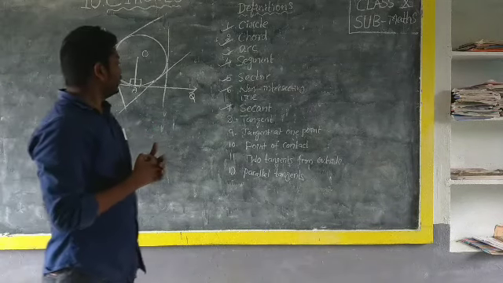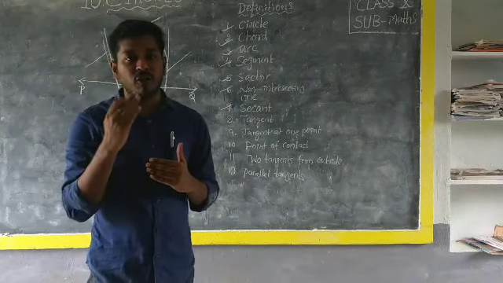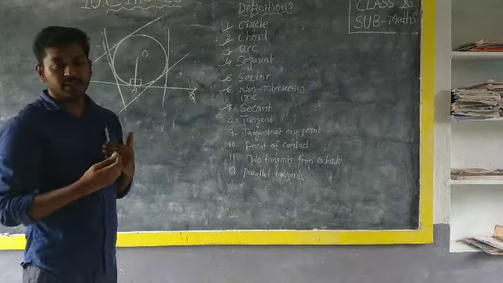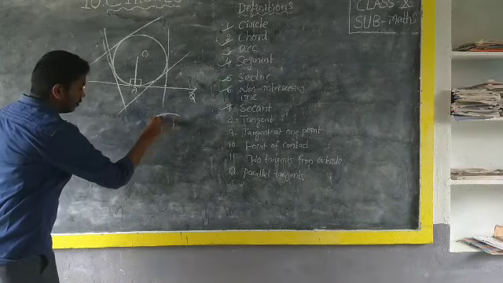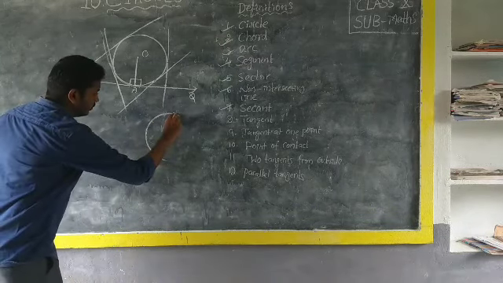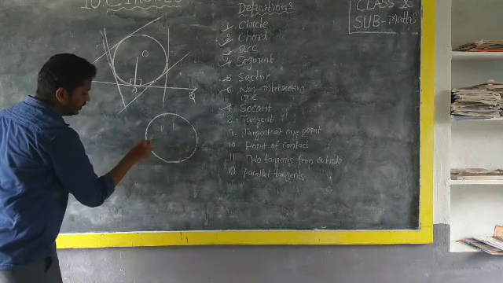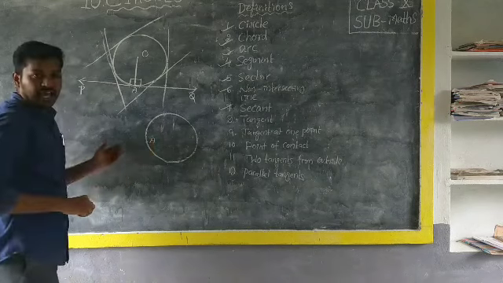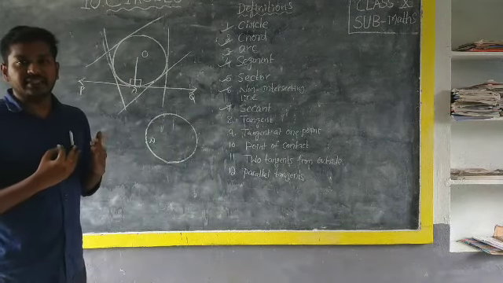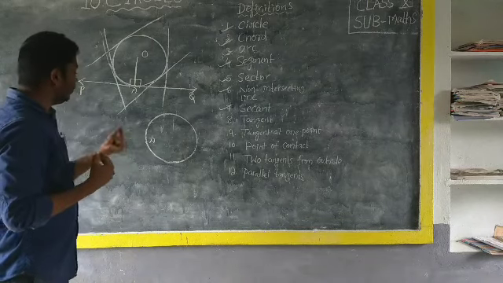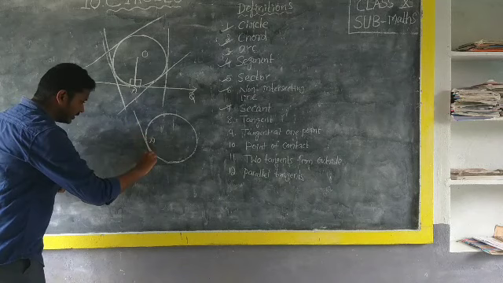Now, how many tangents can we draw at one point? For example, I take one circle and one point. This point is A. At point A, how many tangents can we draw? At one point, I can draw only one tangent.